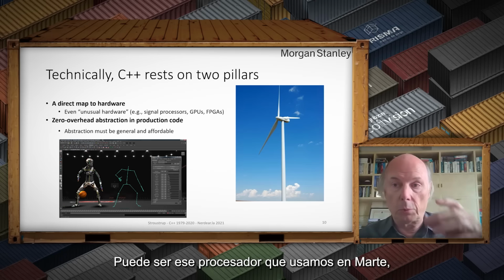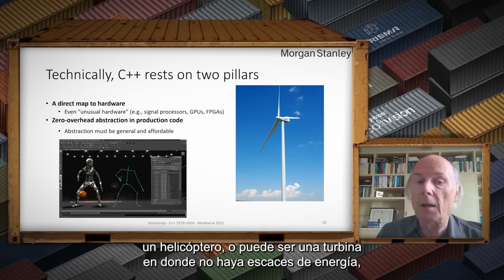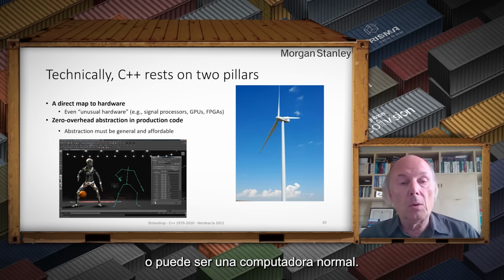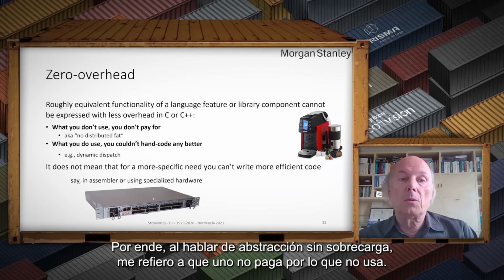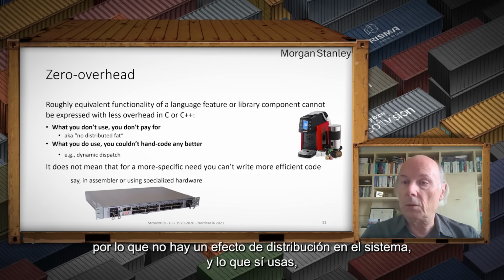It can be the processor on the little Mars helicopter, or it can be in a turbine where there's no shortage of power, or it can be a normal computer. So by zero overhead I mean that what you don't use, you don't pay for. There's no distributed fat in the system.